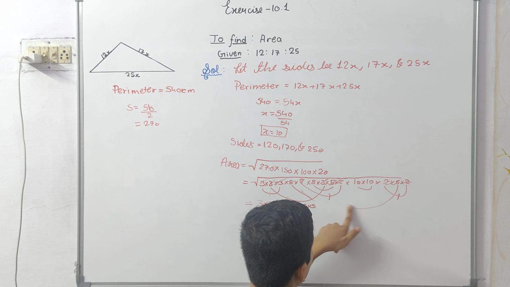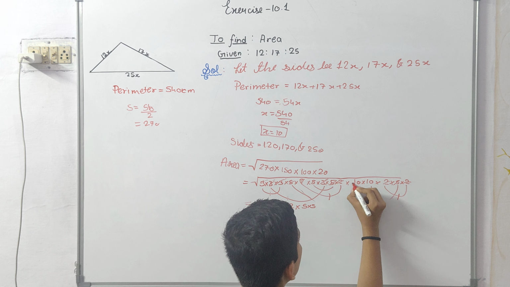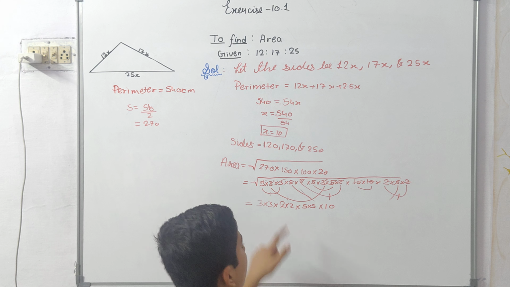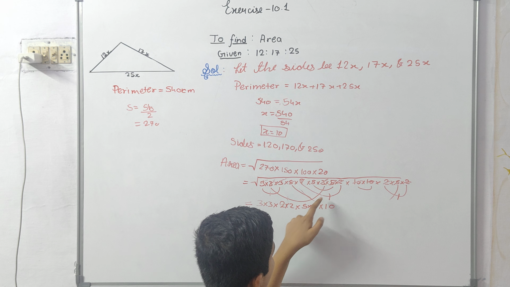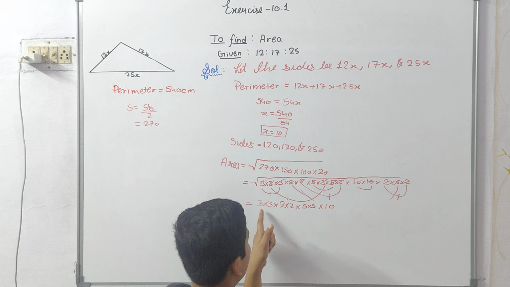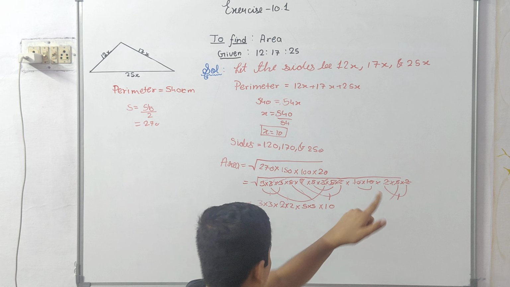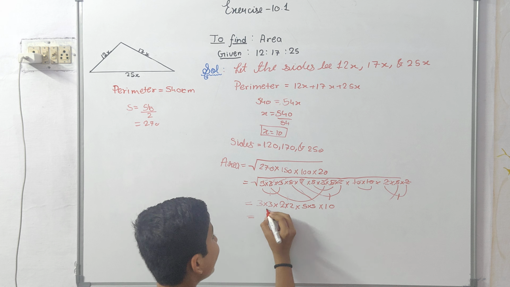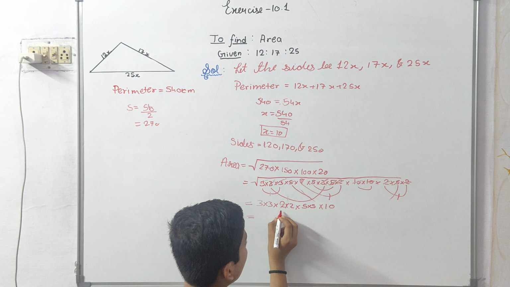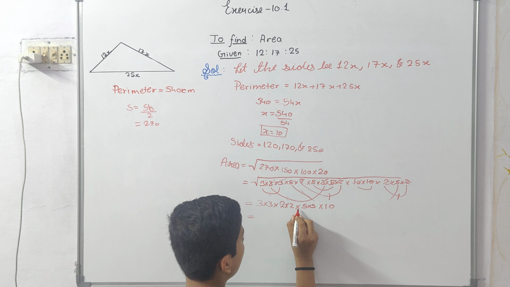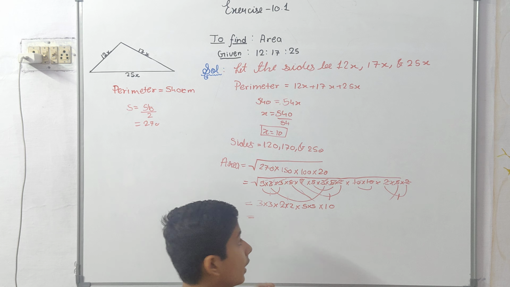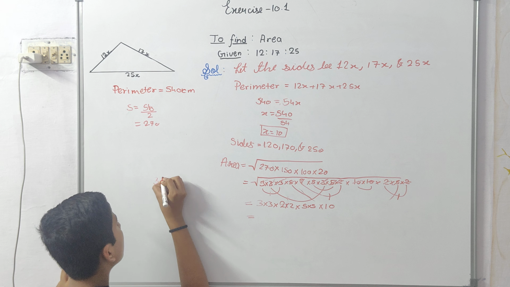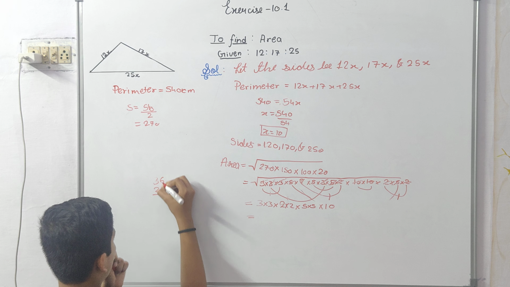Okay, now which pair would we take? So 10 into 10 into 10 because there is one pair. Now 3 3 is 9, 9 to the 18, 18 to the 36, 36 into 25 into 10.